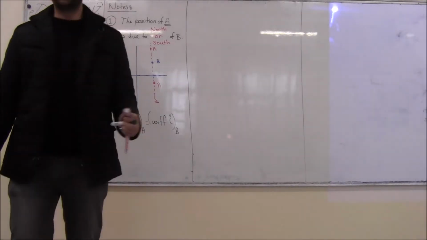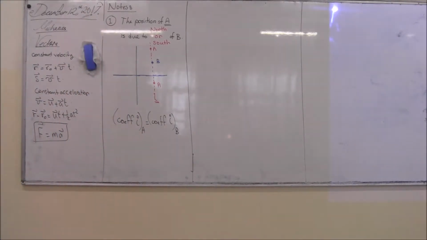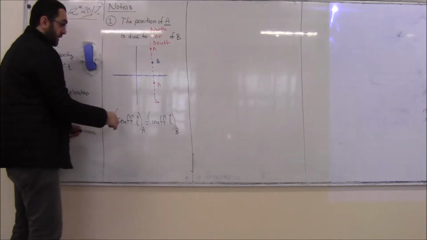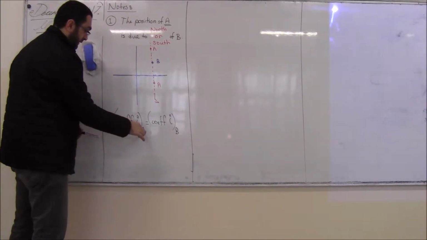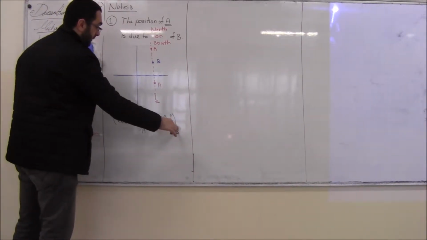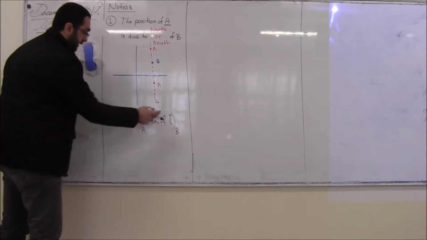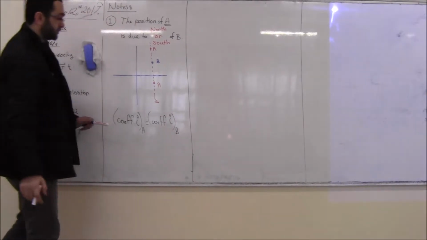When the question mentions that the position of A is north or south, this means the coefficient of I of position A equals the coefficient of I of position B.